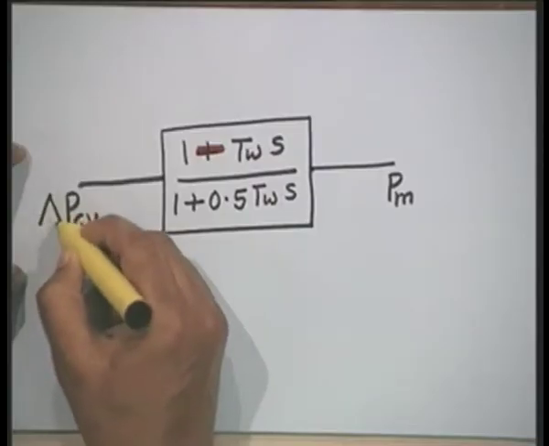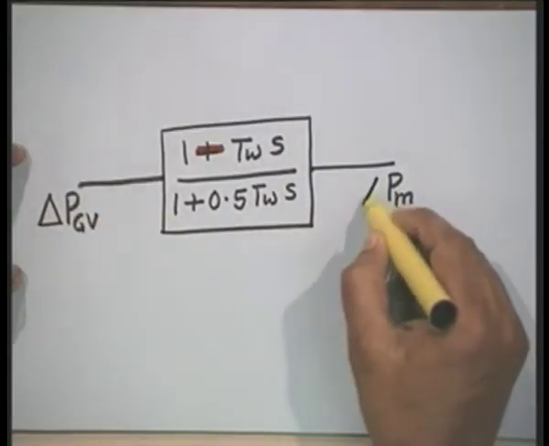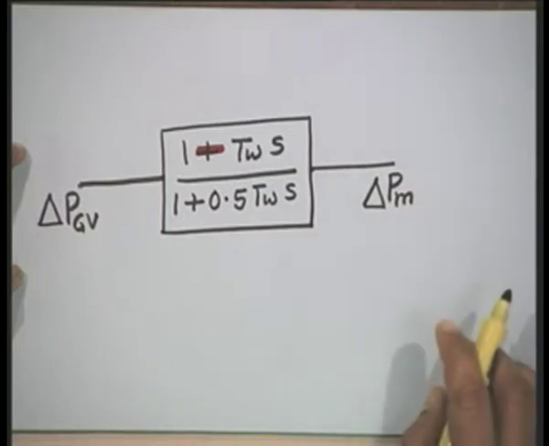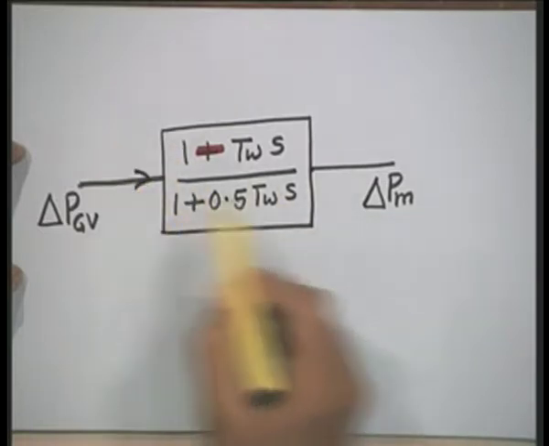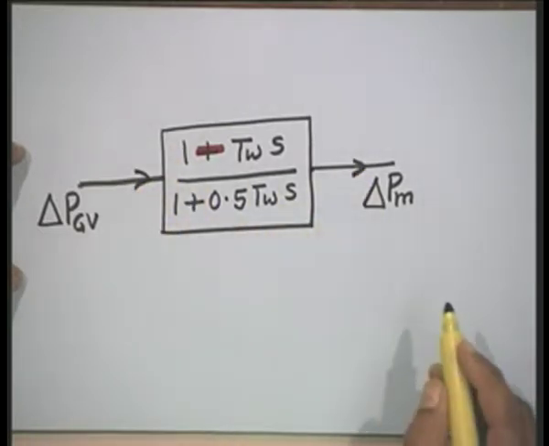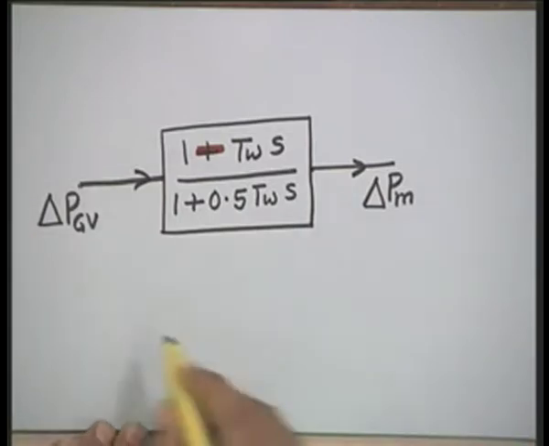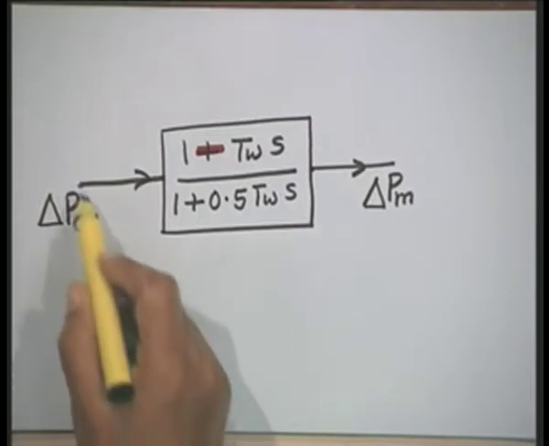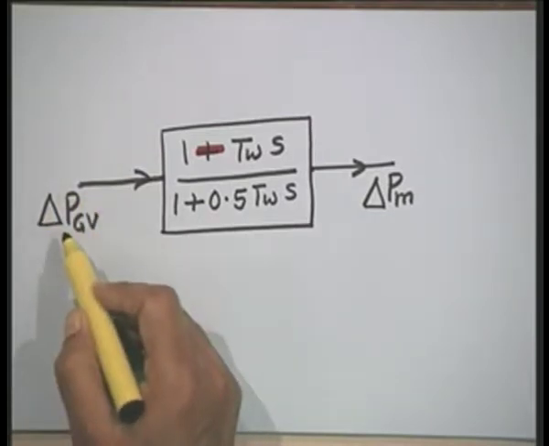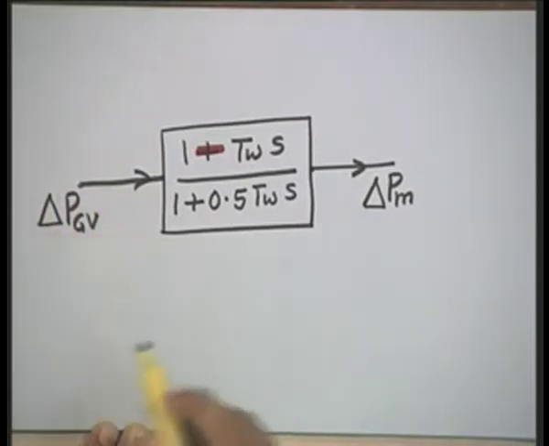Therefore, when I consider the deviations, I can write down the model in this form, that is delta PGV is the input and output is delta PM.